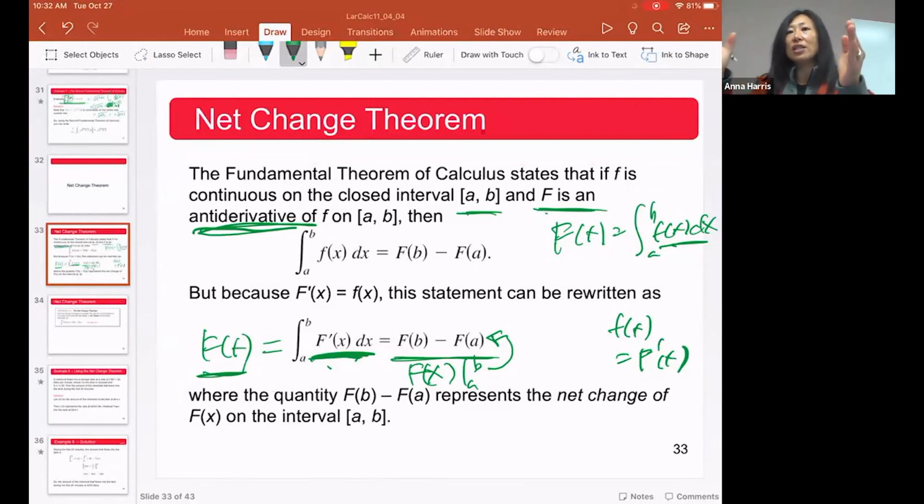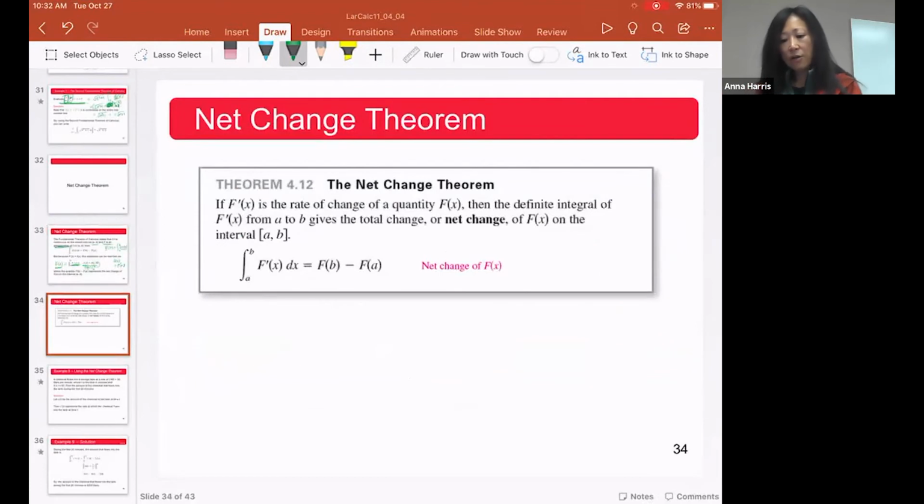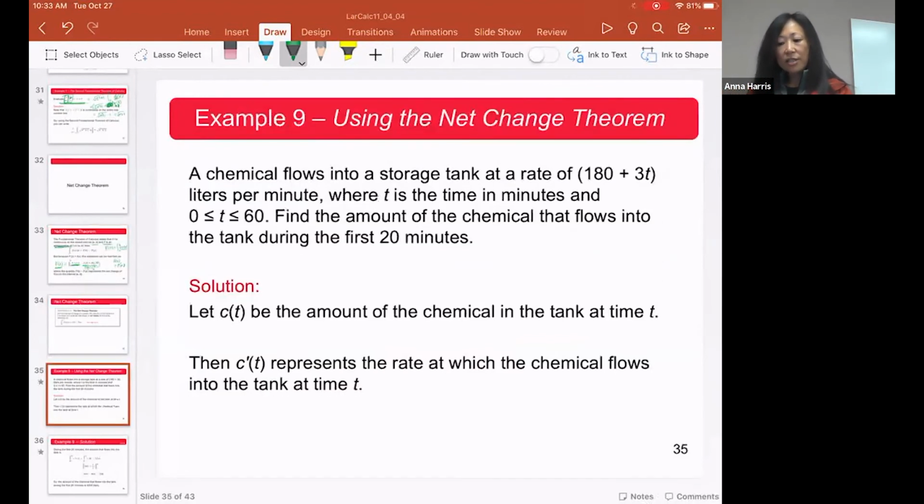What's the last thing you see after you do all this work? Think of it like money. You earn this much money and you spend this much money, then what is your net? What are you left with? That's a net. So the net change is the same as the first fundamental theorem of calculus.